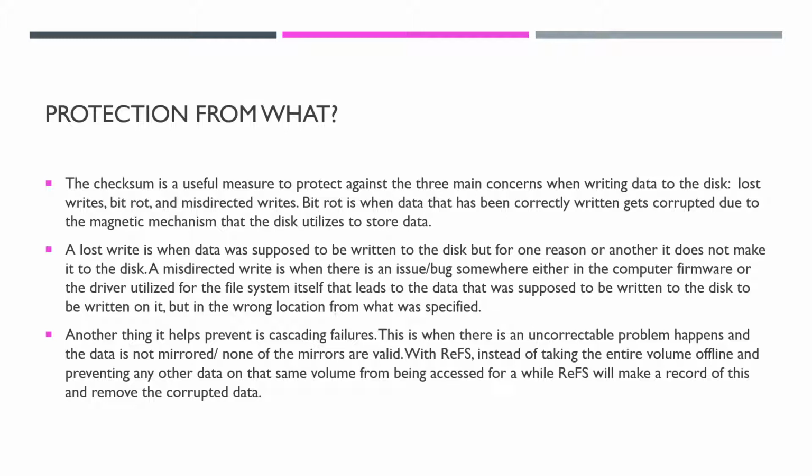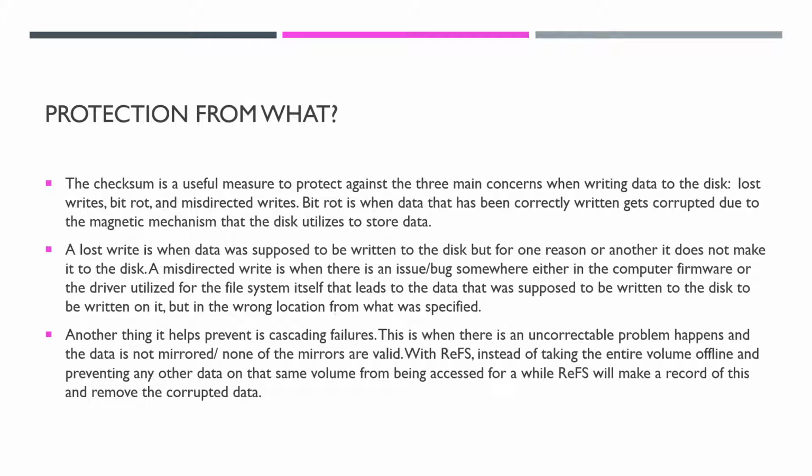And one other thing that it helps prevent is cascading failures. This is when there's an uncorrectable problem that happens and the data isn't mirrored. So either the data isn't mirrored or none of the mirrors are valid. The mirror image of the data is also invalid, so it can't be corrected.